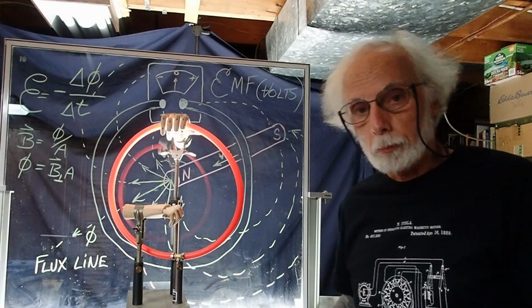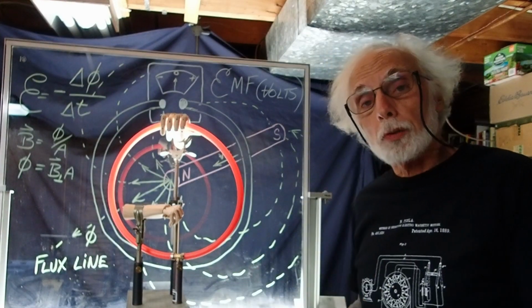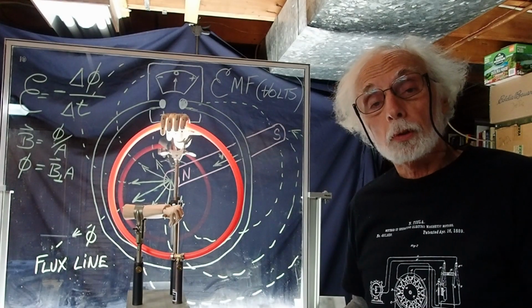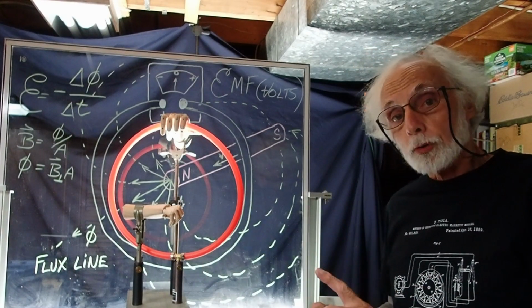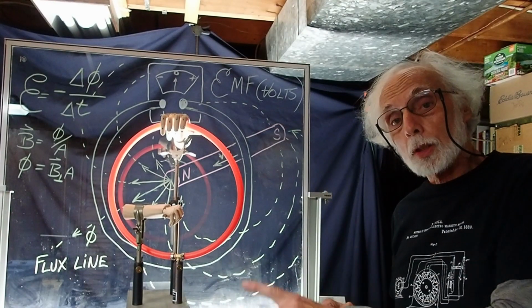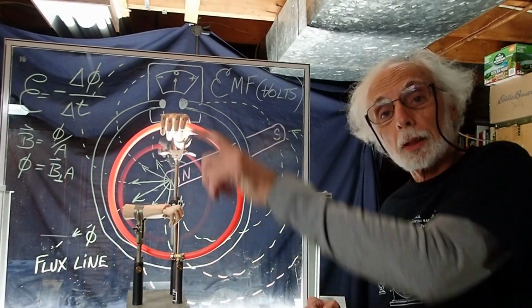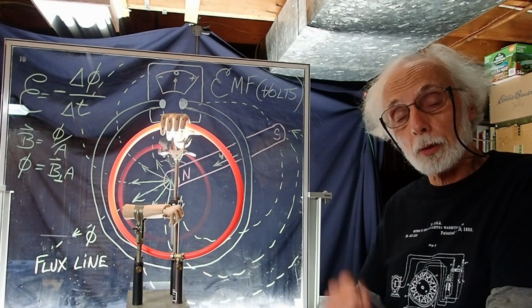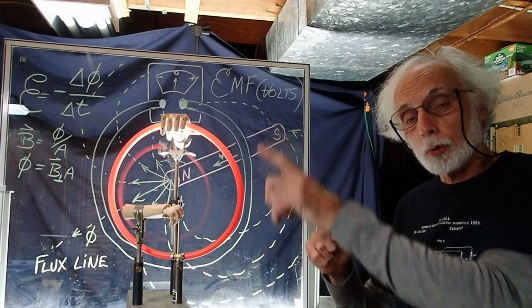One last point. Maxwell used this to figure out what was happening with light waves. Light waves are an electric field changing in space in typically a sinusoidal fashion. We get a charge moving up and down. That charge makes the field change.